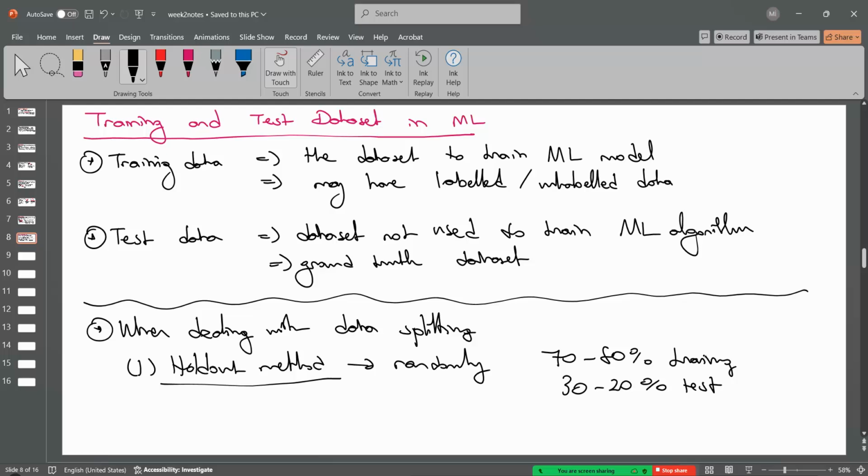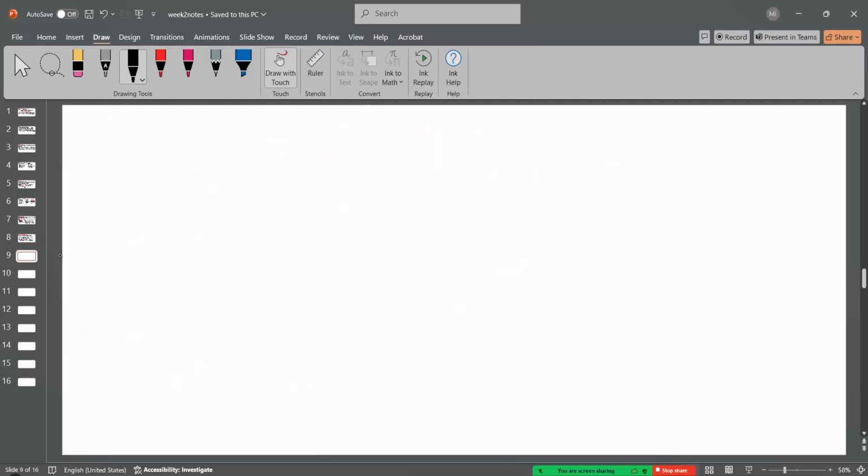We put all the training data into training our ML algorithm, and then we test this algorithm on the 30 or 20% test data. For example, if we have 100 data points, we can use 70 for training and 30 untrained data points for testing. This is one method, and it is the common method to train our machine learning algorithms.